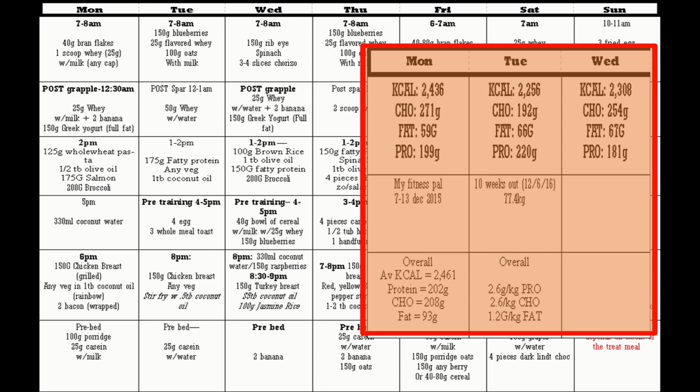Now, the reason why we've taken him into that session without any carbohydrate, you can see that it's a very fat and very protein rich meal with very little carbohydrate, is due to research called the train low or nutritional periodization overview.